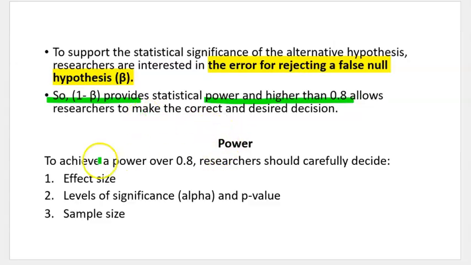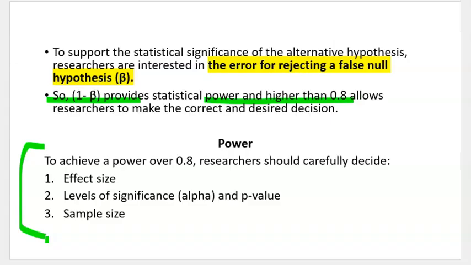So for the power, how can you decide? The effect size, the level of significance alpha or p-value, and then the sample size. As I explained before, your p-value can be changed according to the sector. If it's the medication sector, the p-value should be very, very small. In the experimental sector, the p-value can be a bit more generous.